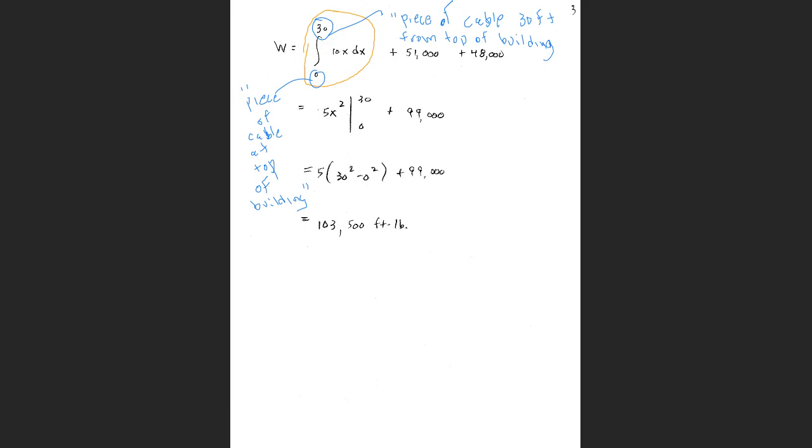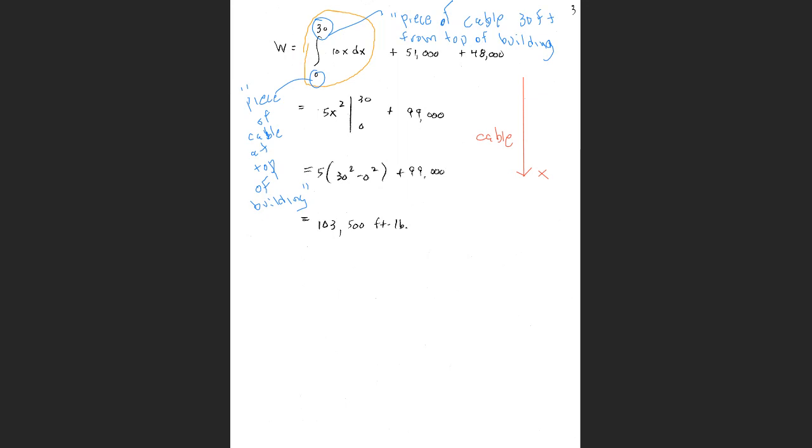Because x is measured downward. This is your axis. It represents your cable.